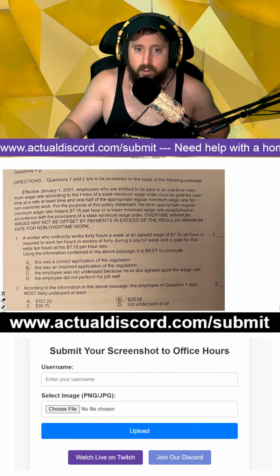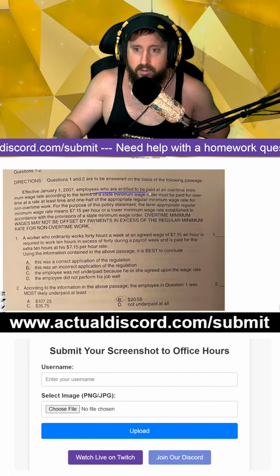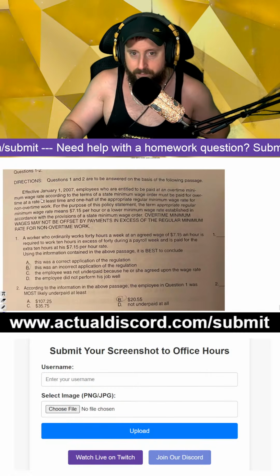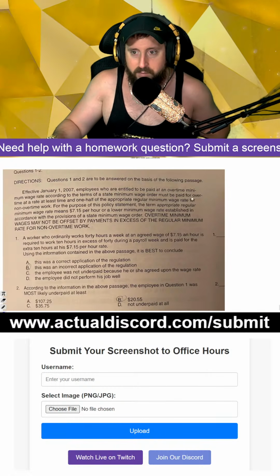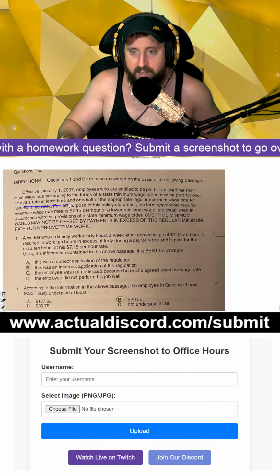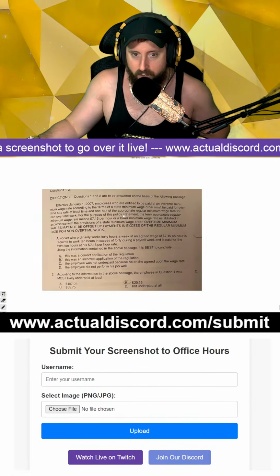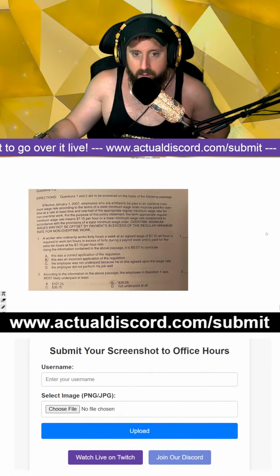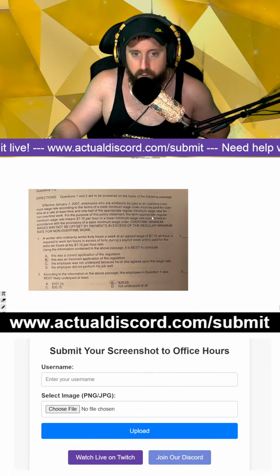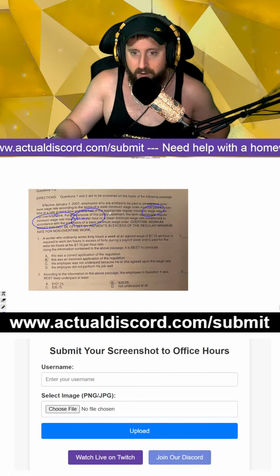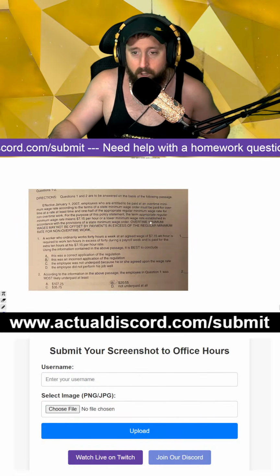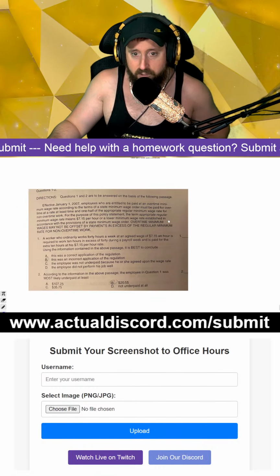Okay, no, this is it. Employees who are entitled to be paid at overtime must be paid for overtime at least 1.5 times their appropriate regular payment for non-overtime work. Appropriate regular minimum wage means $7.15 an hour or a lower minimum wage established.